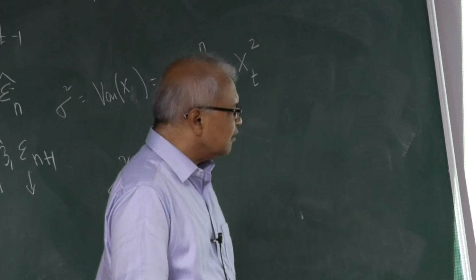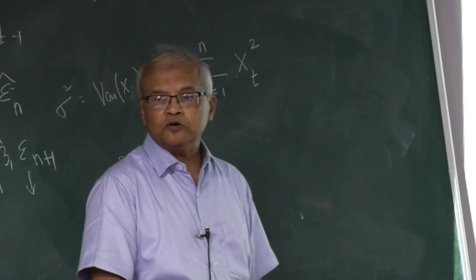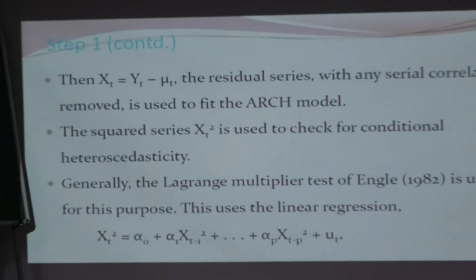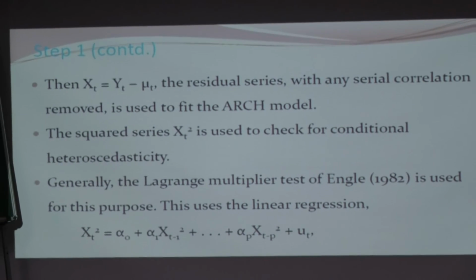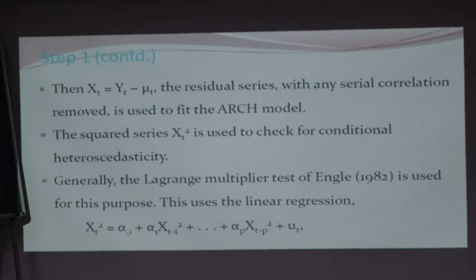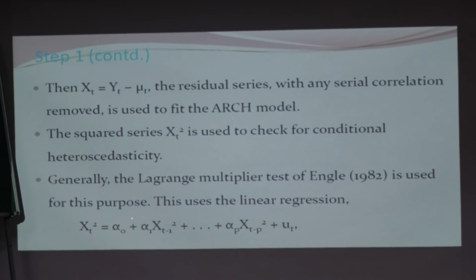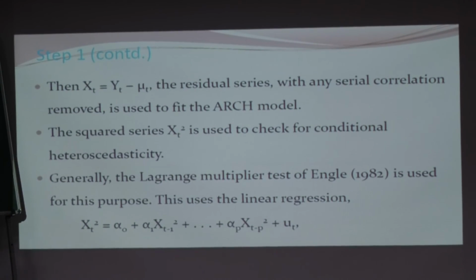Check if alpha 1, alpha 2, alpha p are 0. If alpha 1, alpha 2, alpha p are 0, what happens? Your variance is equal to alpha naught, which means it's a constant, so there is no heteroscedasticity.